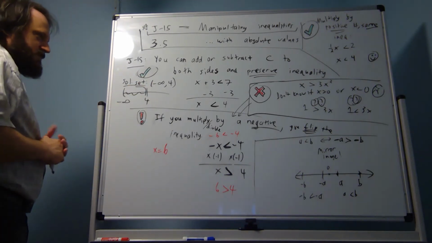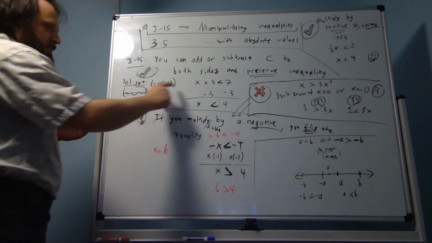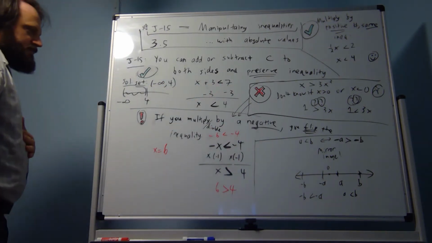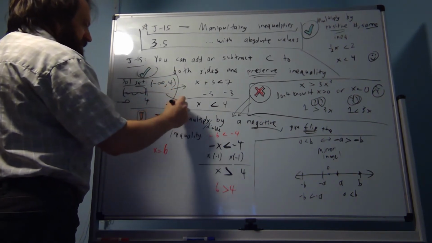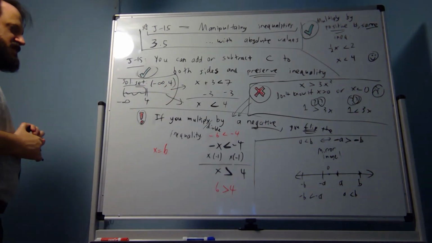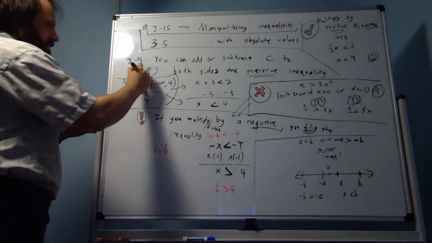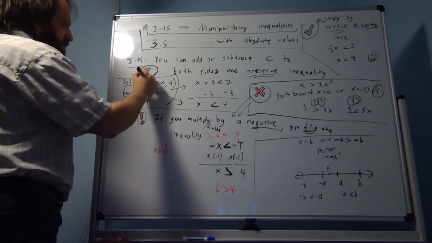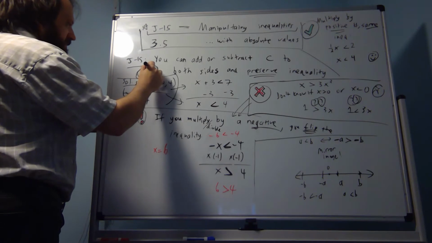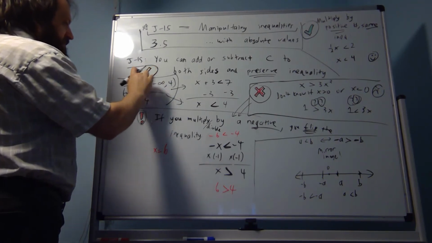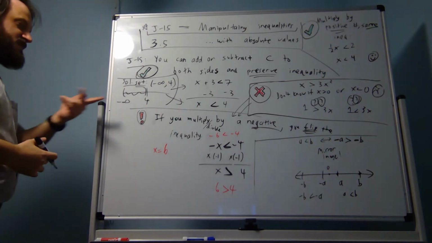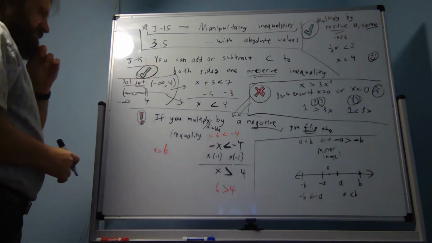You plug in 0, 3 is less than 7. You plug in -2, 1 is less than 7. So with just one step of algebra, adding a number to both sides, that's never, ever a problem. You can always add a number to both sides of an inequality, and the direction of the inequality stays exactly the same.